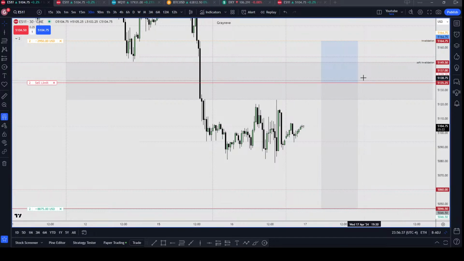And I think by New York I should have a fill, right? And then we'll see if this trade can play out by the start of lunch, which means 12 noon. So 12 noon would be my cut loss time.